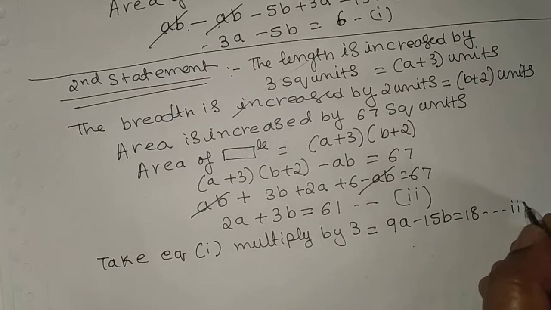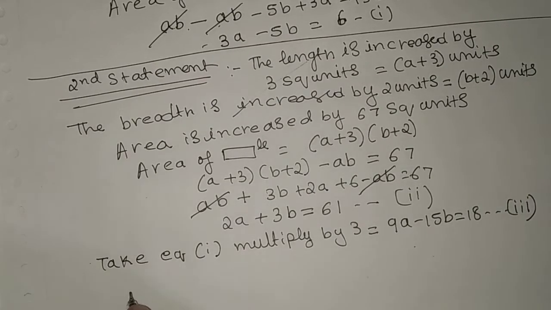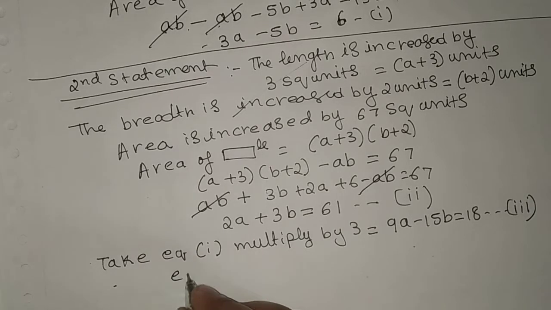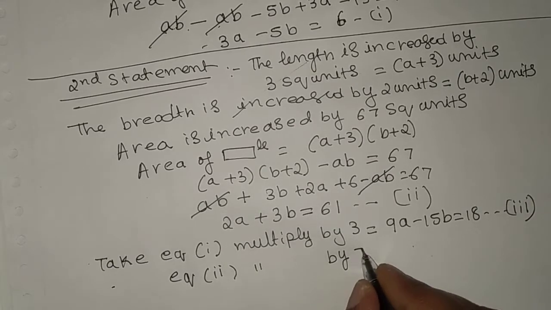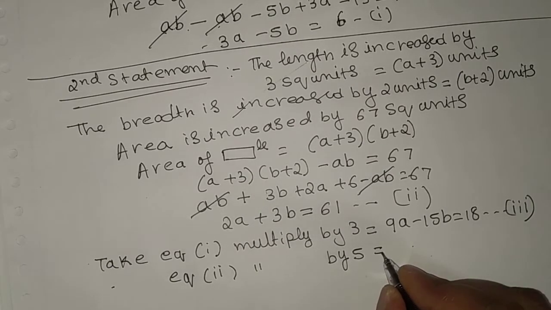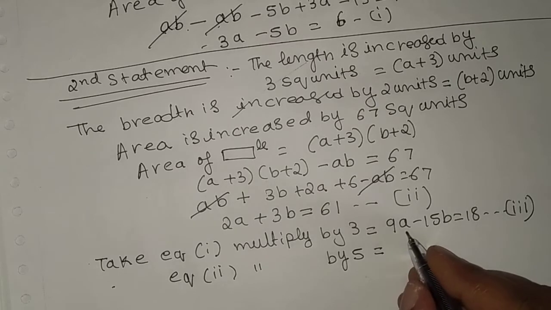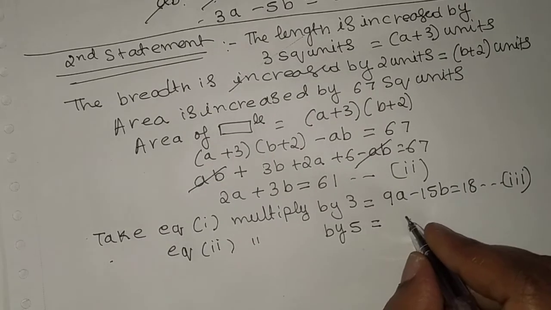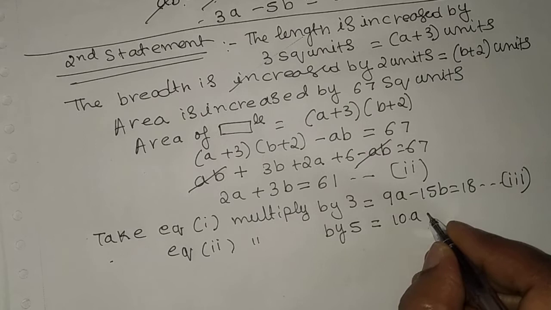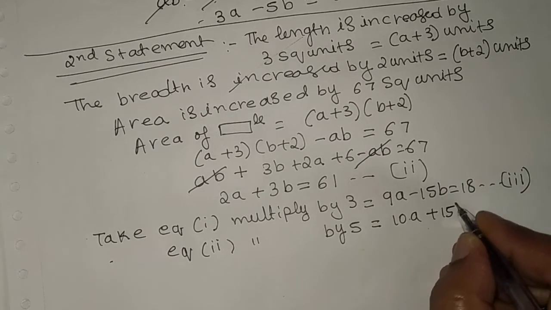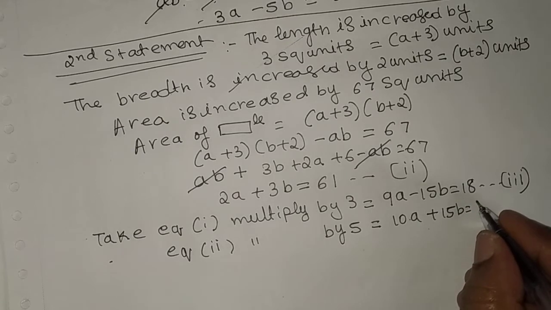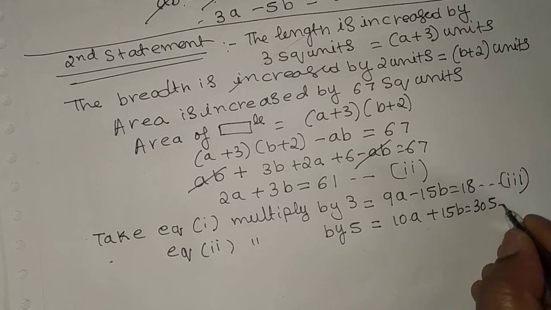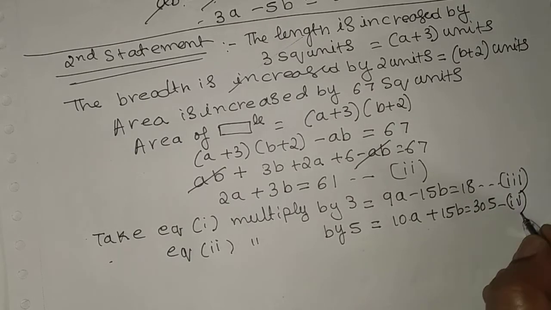Take this as equation 3. Now take equation 2, multiply by 5. Multiplying by 5, we get 10A plus 15B is equal to 61 into 5, which will become 305. This is the fourth equation.